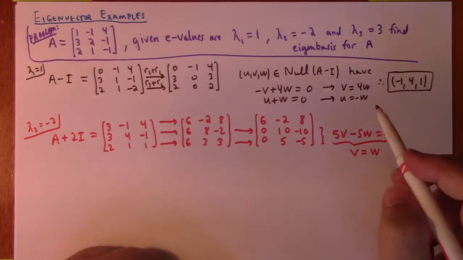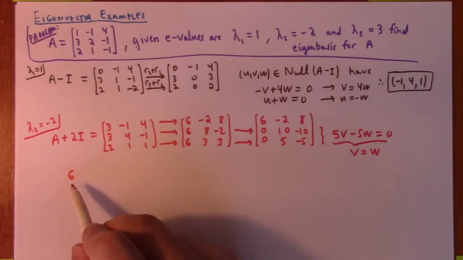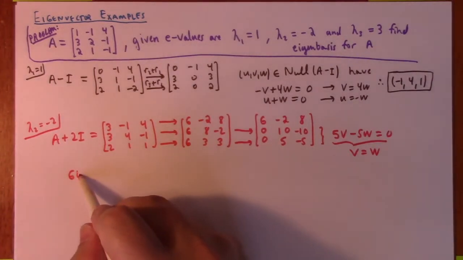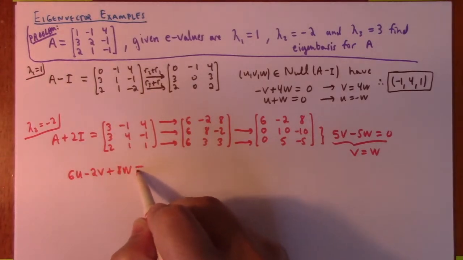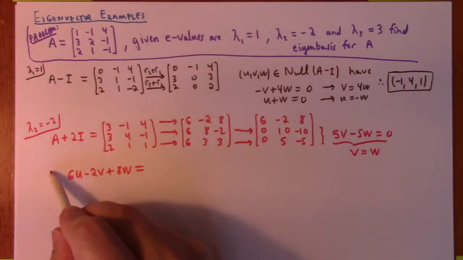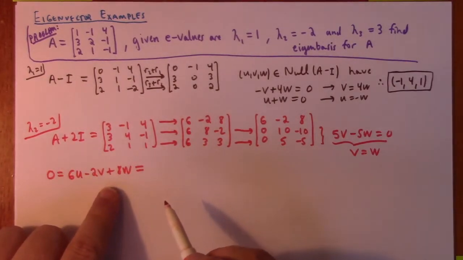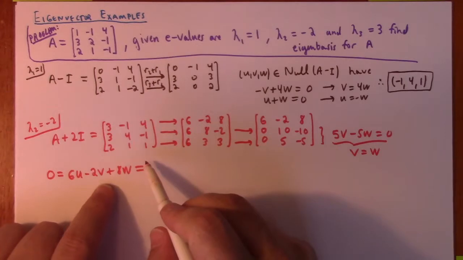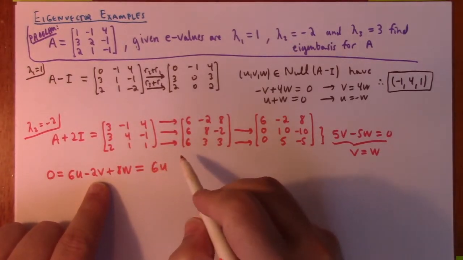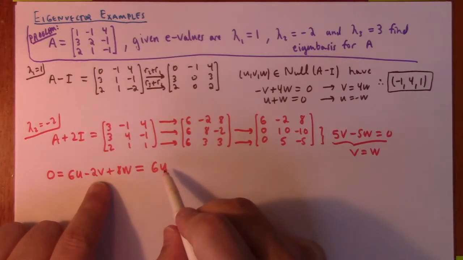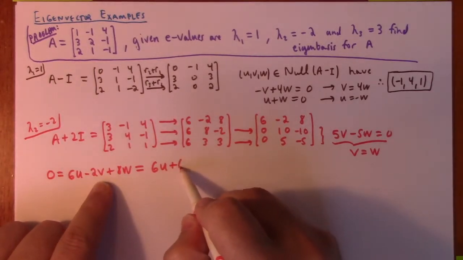And then the first equation would be 6U minus 2V plus 8W equals 0. Since V is equal to W, I can trade this V for W, and I get plus 6W.